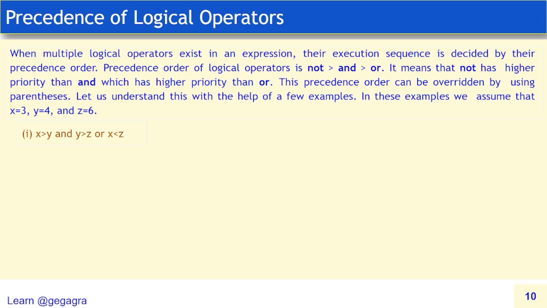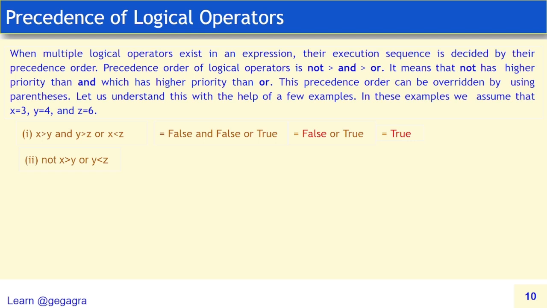As far as precedence is concerned, and is evaluated first, so false and false gives false, and then false or true, and finally it gives true.